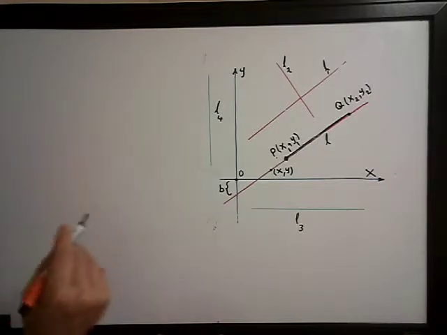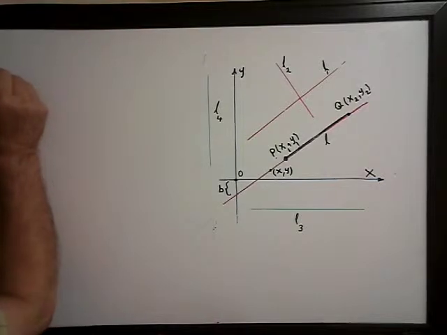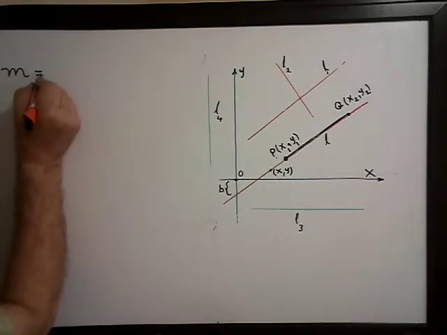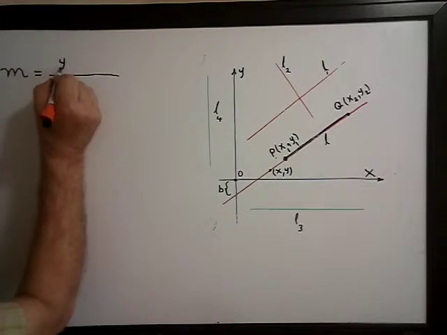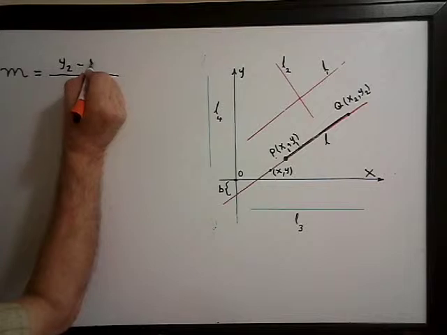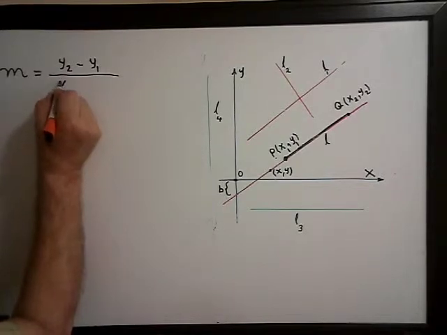The slope of the line, if we denote it by the symbol m, we can say m is equal to the difference between y coordinates over the difference between x coordinates.